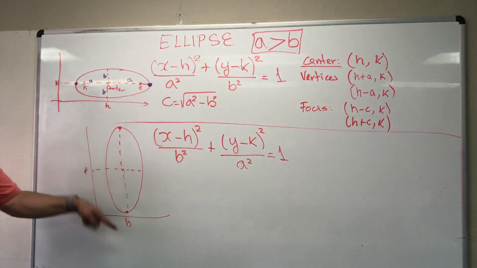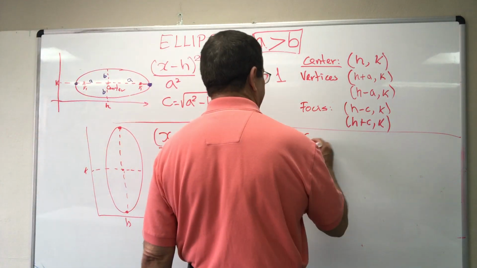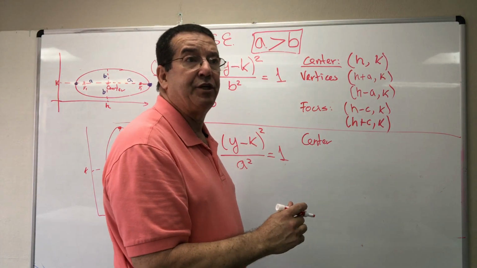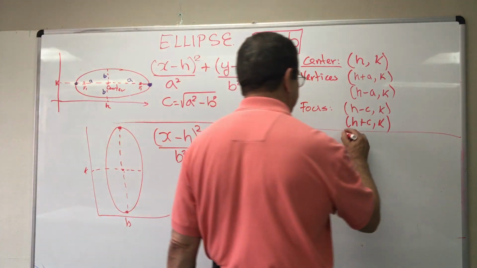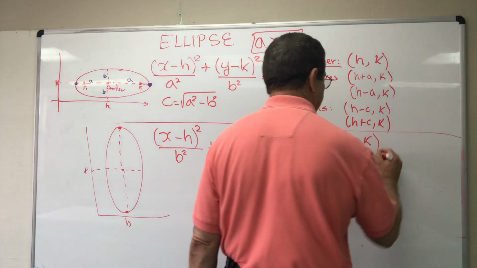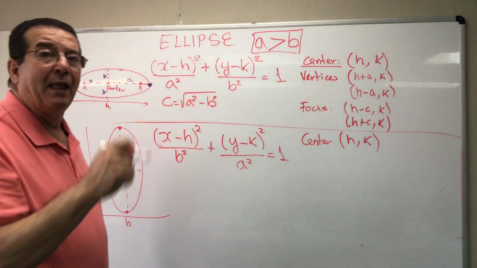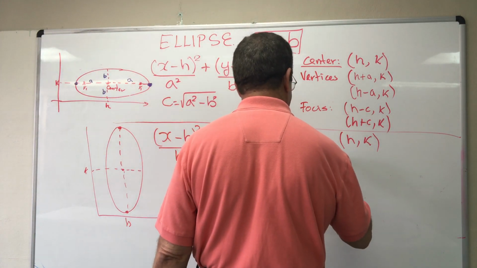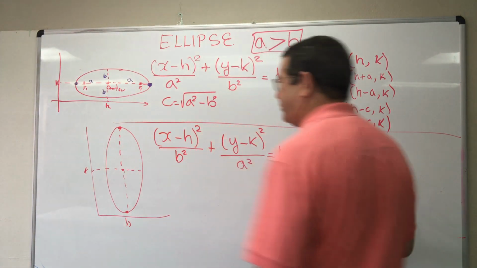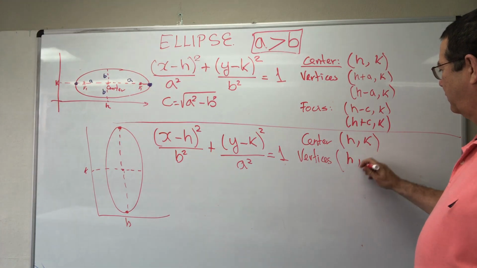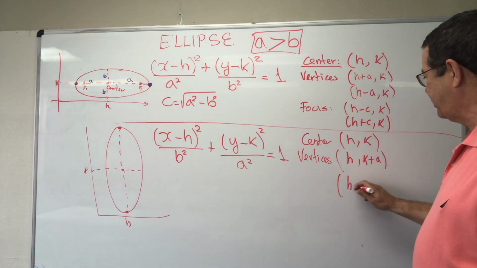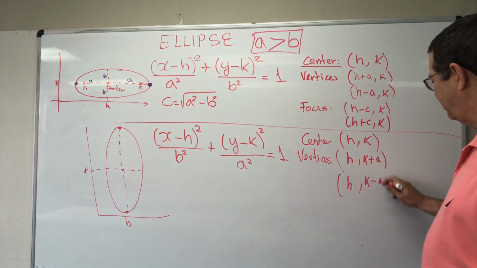The center is the same, (h, k). And for the vertices, you keep h and use k plus a, and k minus a.